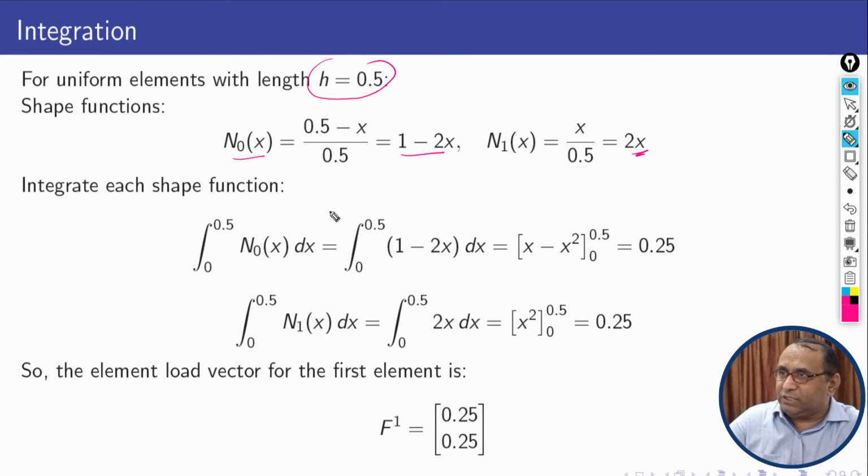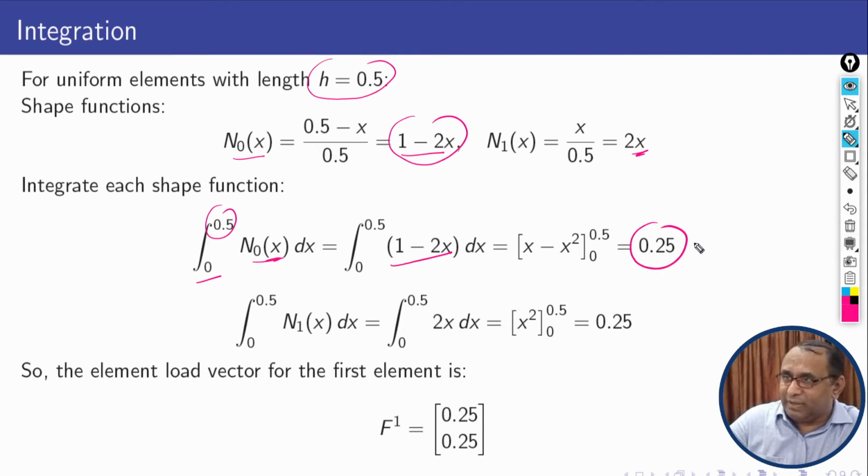Integrate each shape function. First we integrate from 0 to 0.5 N0(x). The value of N0(x) we have is 1 minus 2x, and integrating and simplifying we get the value 0.25.